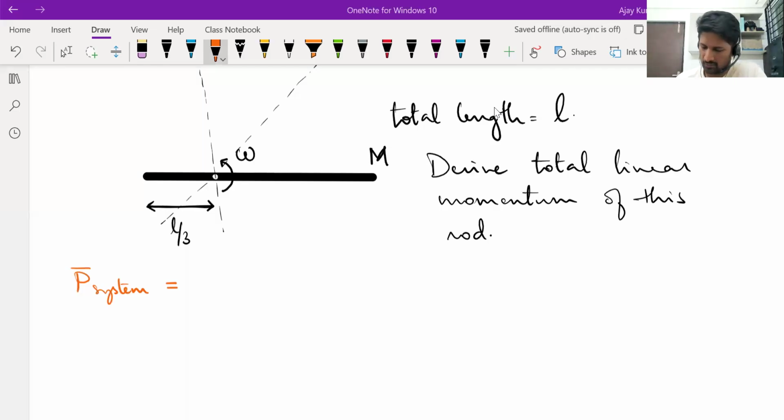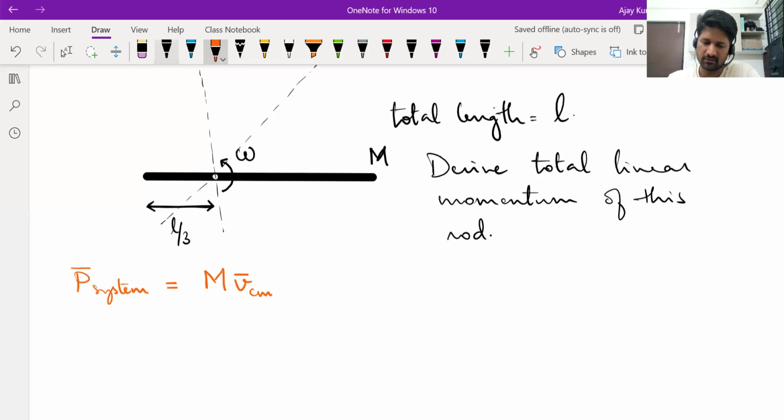It is total mass of the system multiplied with the velocity of its center of mass. The system consists of an infinite number of particles. Each particle could be moving with a different velocity, but the total momentum of a system can always be expressed as total mass into velocity of center of mass. So all you need to find out in this case is the velocity of its center of mass.